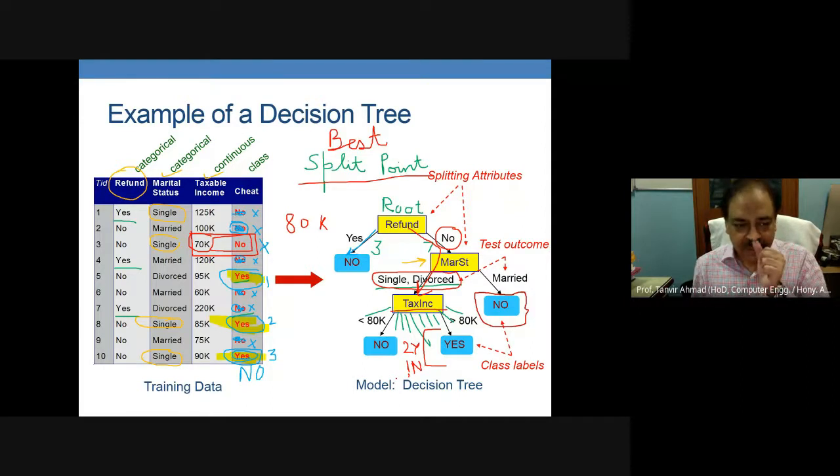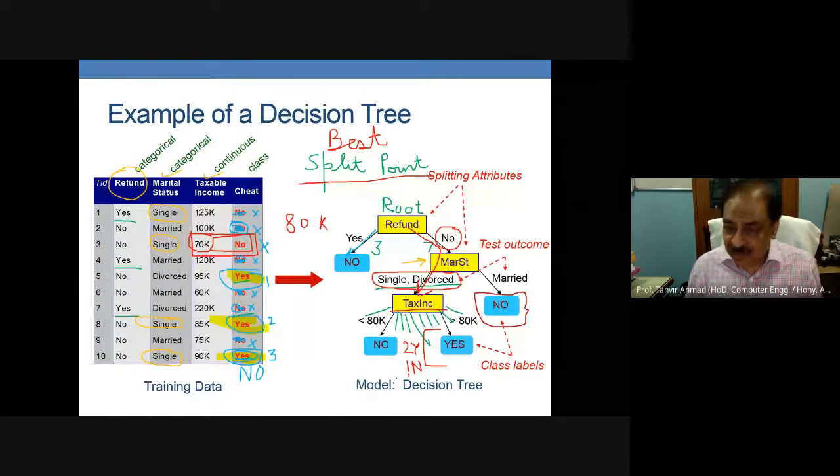If you would have made it say 20 tuples, 30 tuples, 40 tuples, it would not have generated a pure partition. Therefore, what you have to do is that you apply a majority voting.